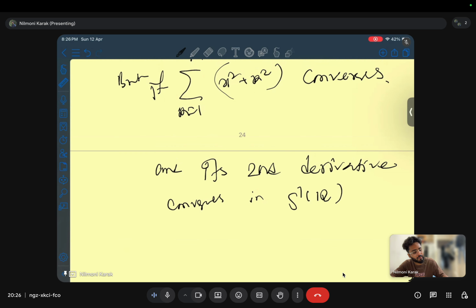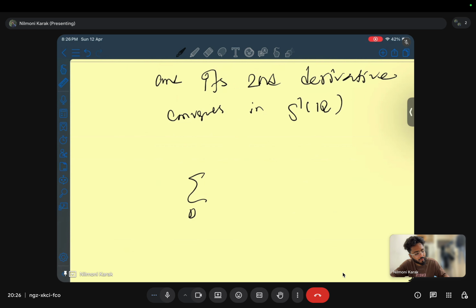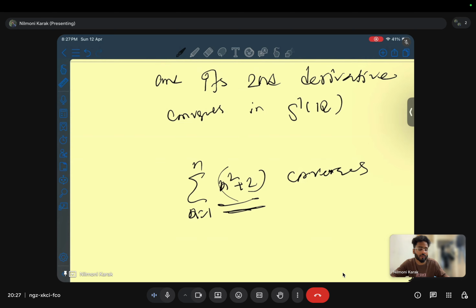So second derivative means sum k equals 1 to n of k square plus 2 converges. This does not converge, as the series is divergent, so not true.